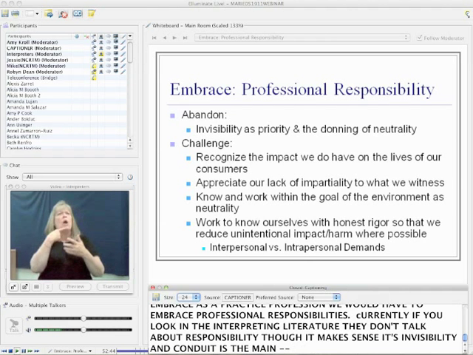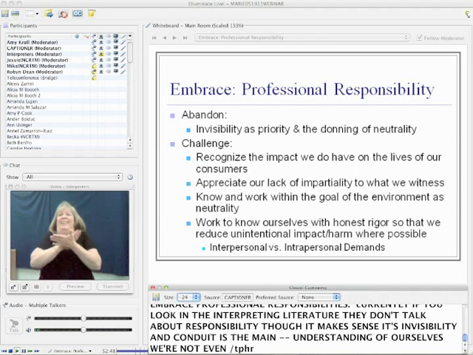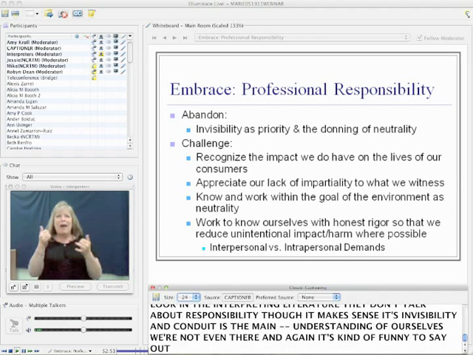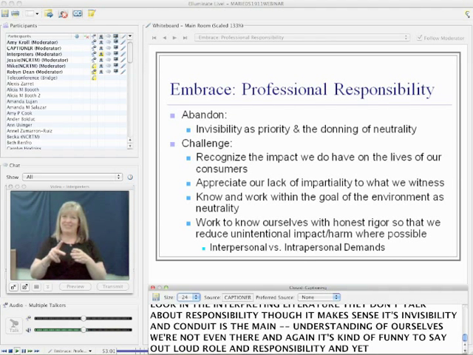We're not even there. And again, it's kind of funny to say it out loud, but I think that's why responsibility, even though in every other profession you hear those terms as if they're one singular term, role and responsibility, and yet in our profession and in our literature, all we see is the role of the interpreter.